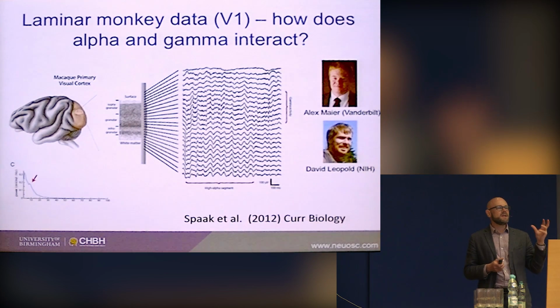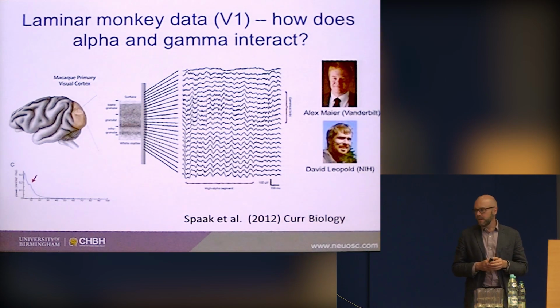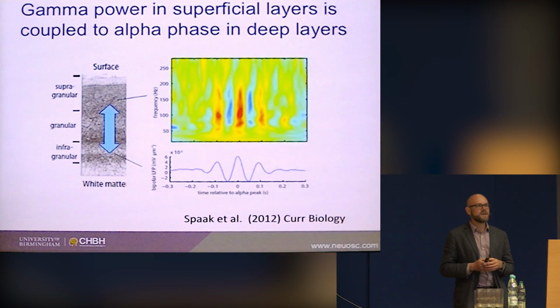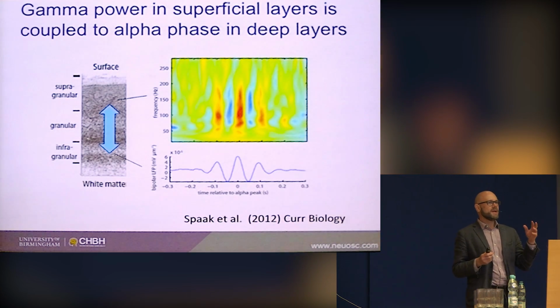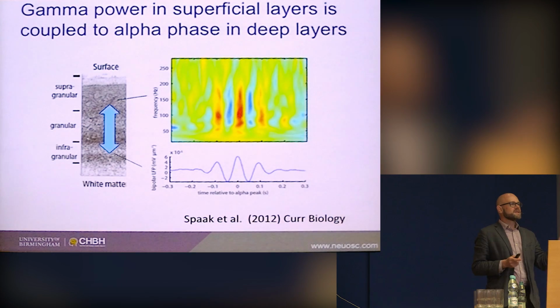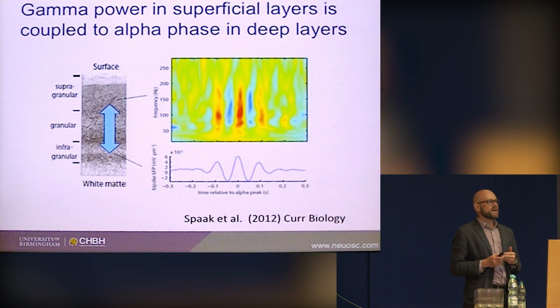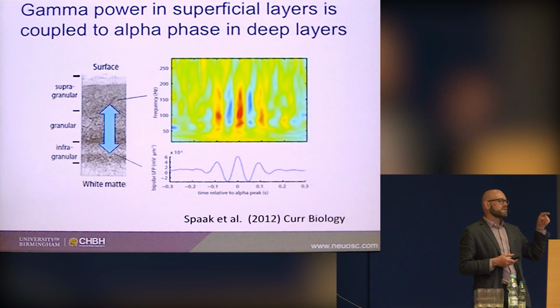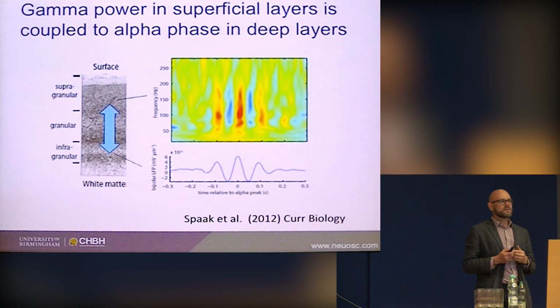So we're interested in the relationship between the alpha and the gamma band activity. What we did here was simply to look at the data from the deeper layers and cut out snippets of those data. Then we phase aligned those traces according to the peak of the alpha band activity. For each of these traces, we calculated the time frequency representation of power, and then we averaged all this together, right?